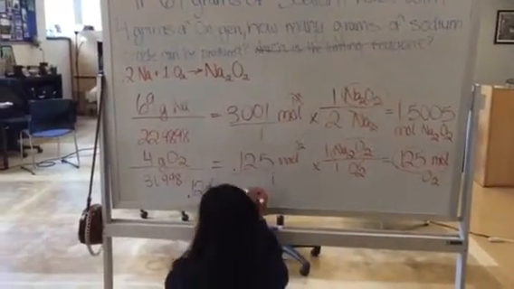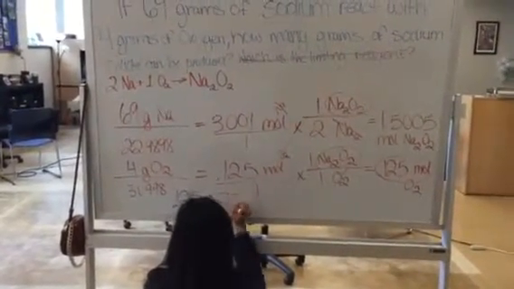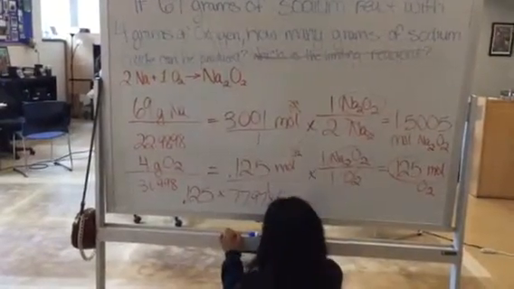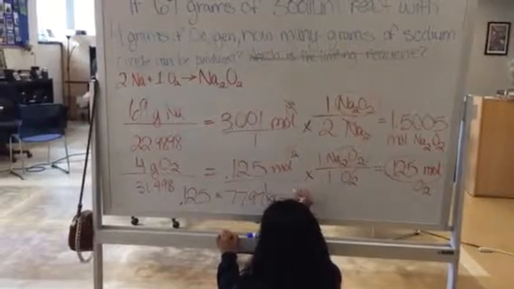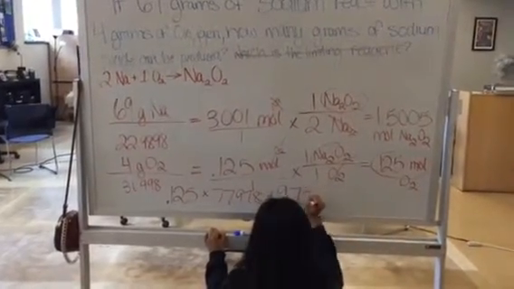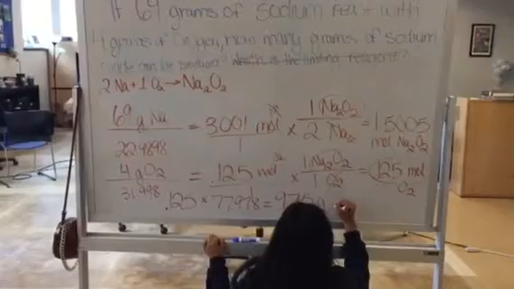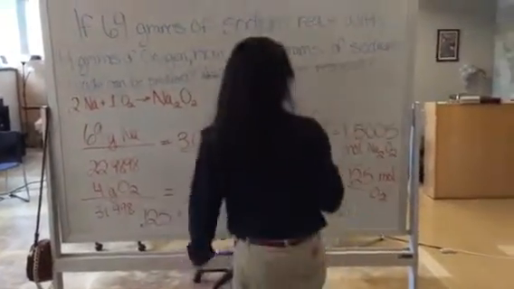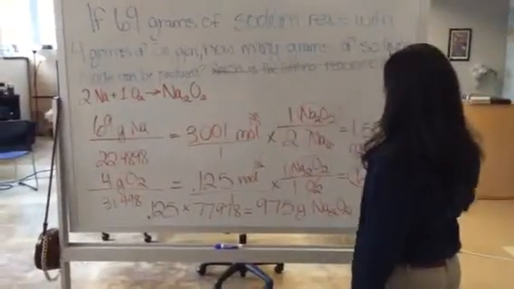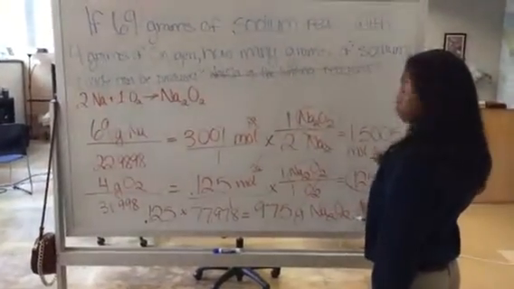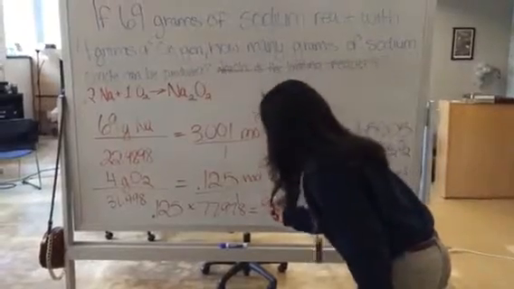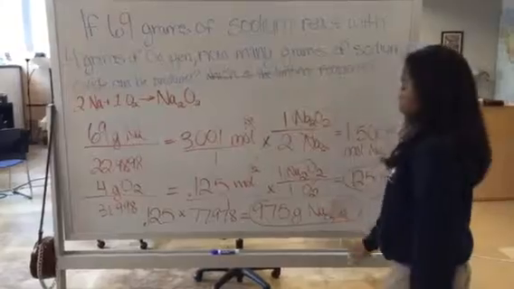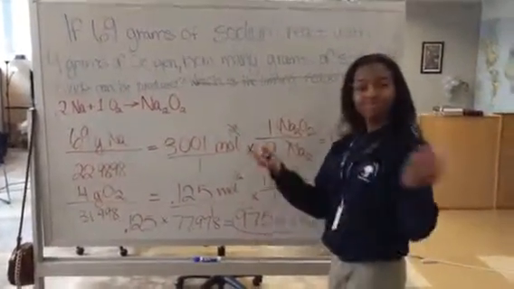The molar mass of sodium oxide is 77.978, and then you get your final answer, which is 9.75 grams of Na2O2. So, the limiting reagent is 0.125 moles of O2, and the amount of grams of sodium oxide that can be produced is 9.75. That's how you do it.